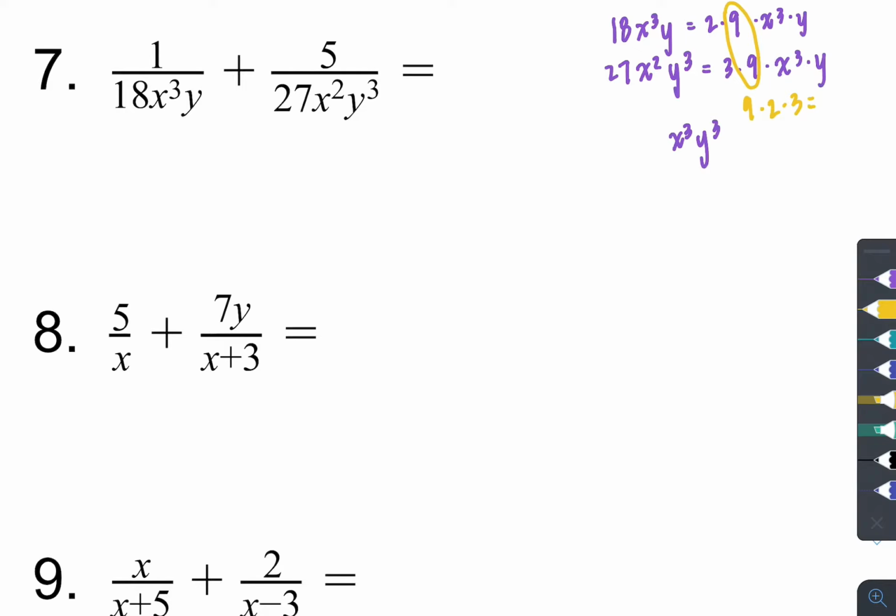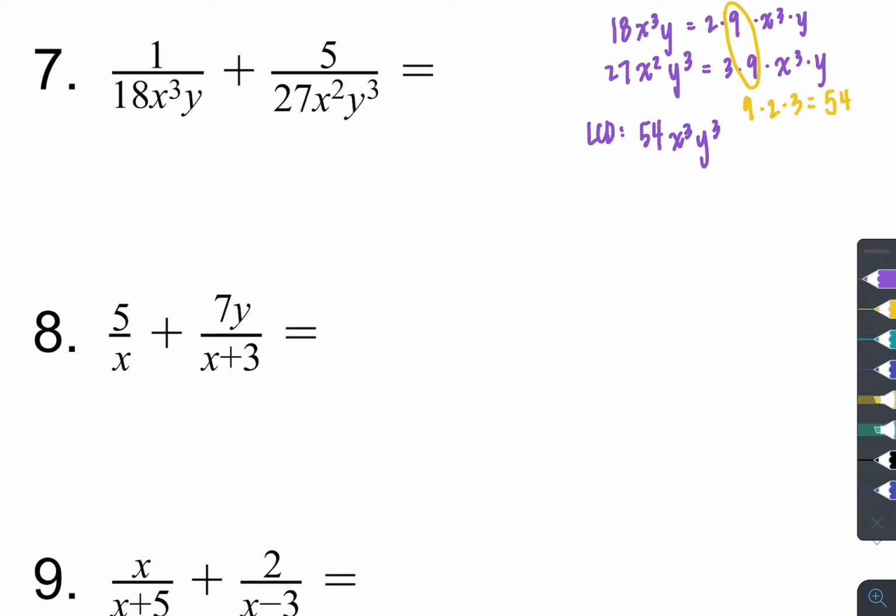So 18 times 3 would be 8 times 3 is 24, 40, 54. Oh, that would have been way easier if I had just done 9 times 6. So 54. So we have 54, x to the third, y to the third as my least common denominator.